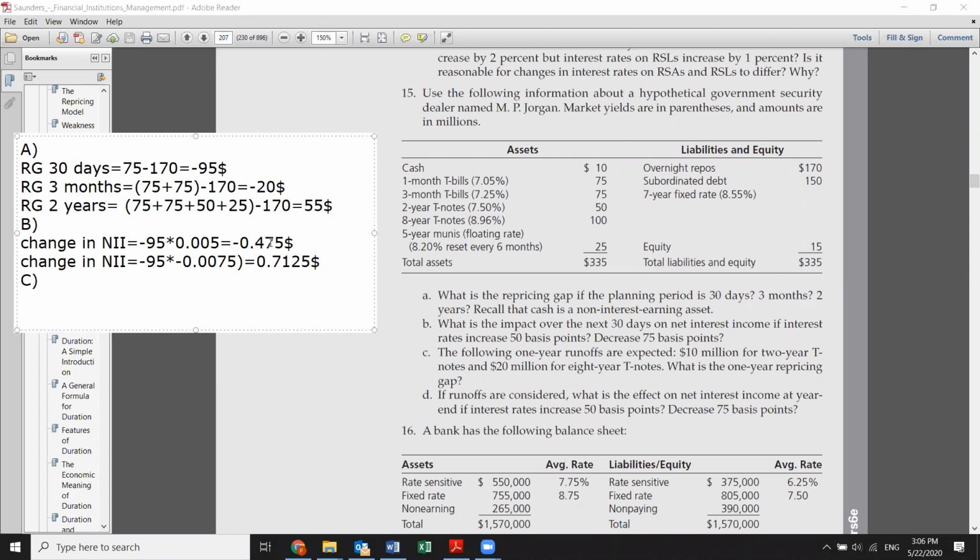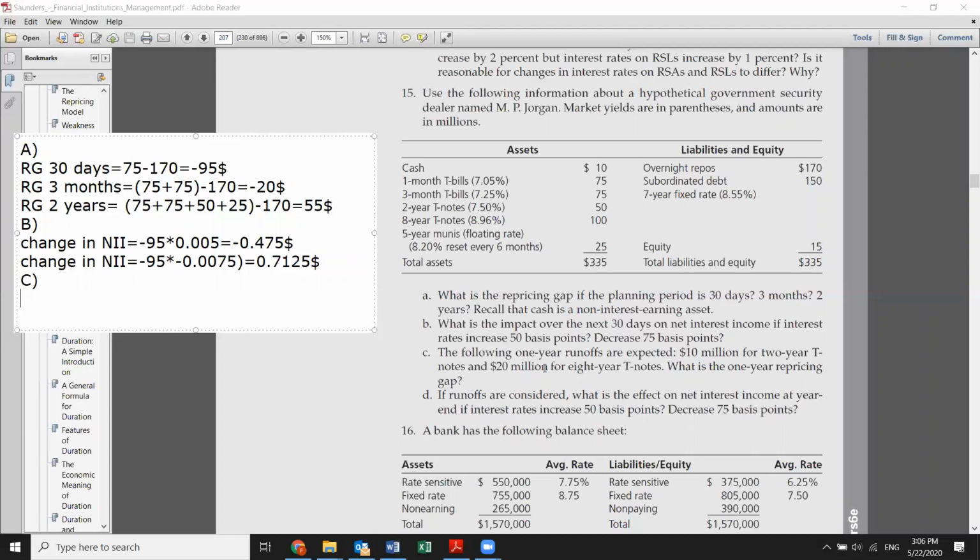The following 1 year runoff are expected: 10 million for 2-year T notes and 20 million for 8-year T notes. So here's the key point. The 1 year runoffs are 10 million and 20 million, and what is the 1 year repricing gap?